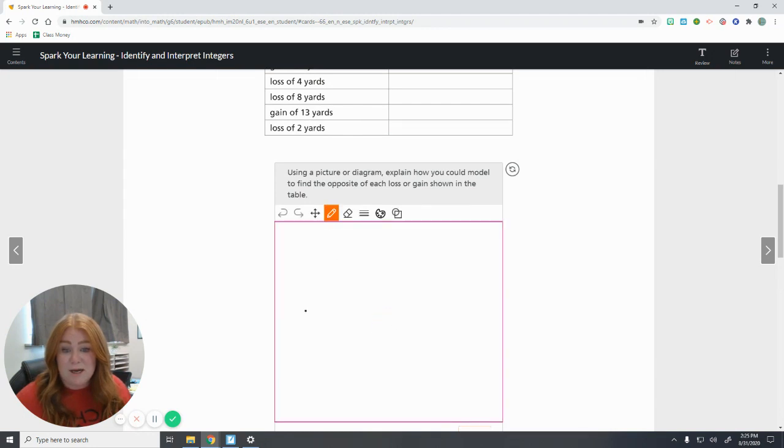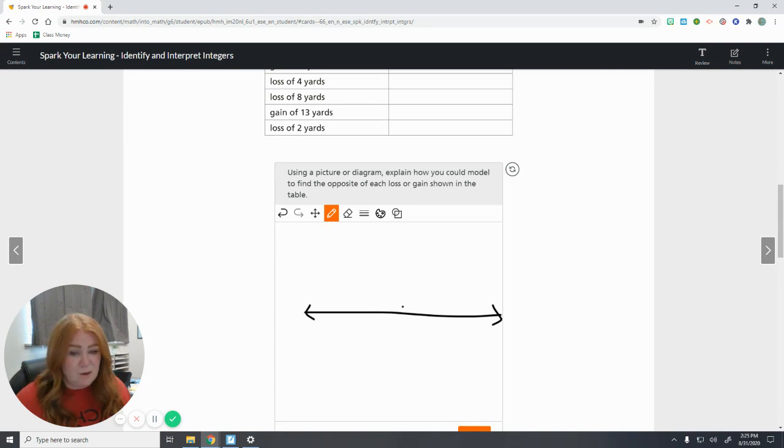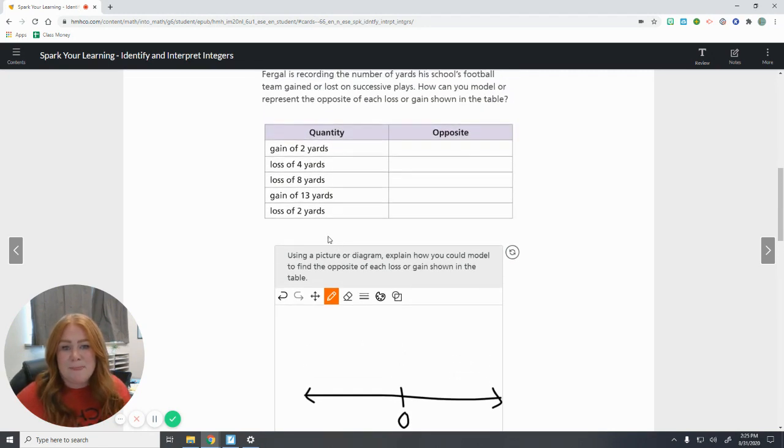So in here, I can draw myself a number line, and I know we're writing with the computer mouse, so it might look a little silly, and that's okay. I'm going to start with 0 here, and we're trying to show the opposite of these.